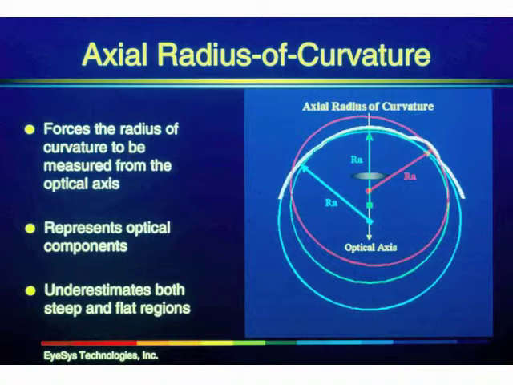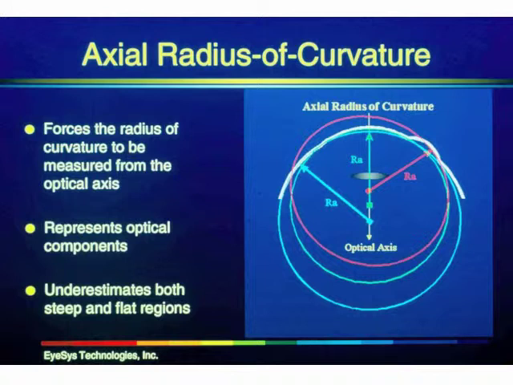Now, we're putting a constraint on the radii here. We're constraining them to say the radius of curvature, that radius arm there, needs to originate along the visual axis of the patient. It has to be along the optical axis of the cornea.